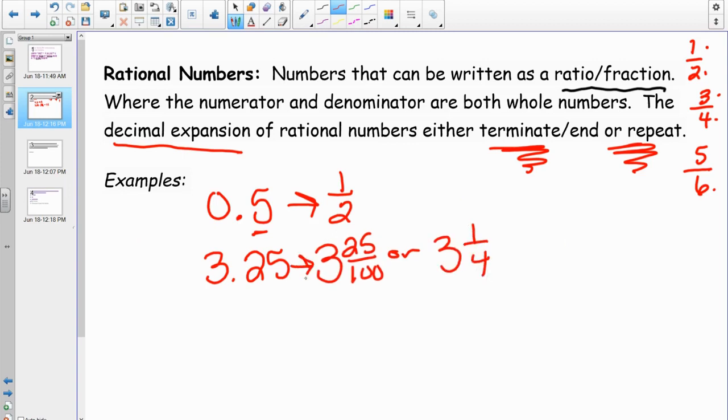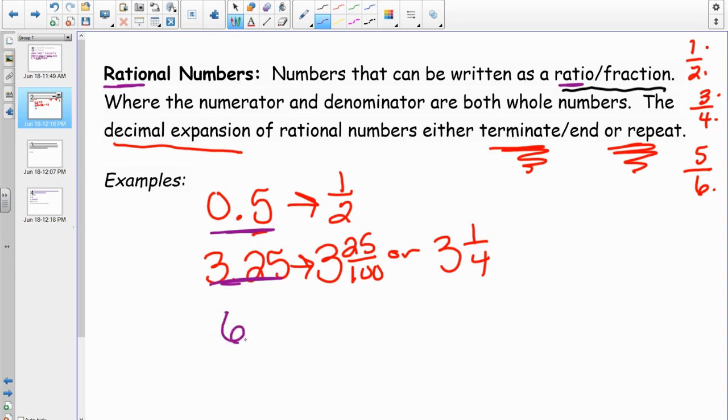Again, we're mostly going to worry about the decimal and determining whether it's irrational or rational, but I also want you to notice that you could take any decimal and change it into that ratio or fraction, which is where the word rational comes from, the word ratio.